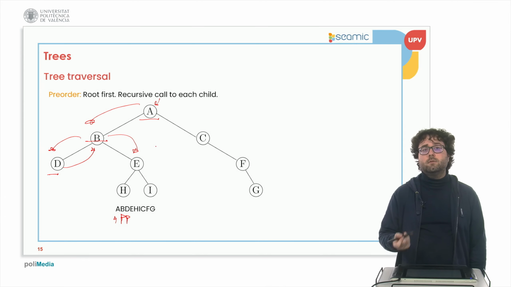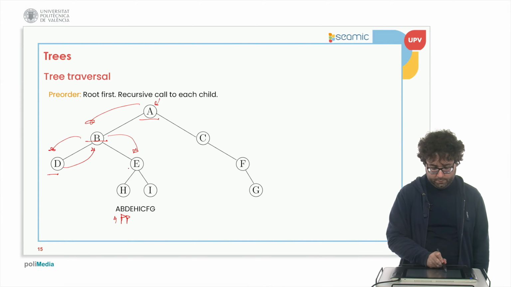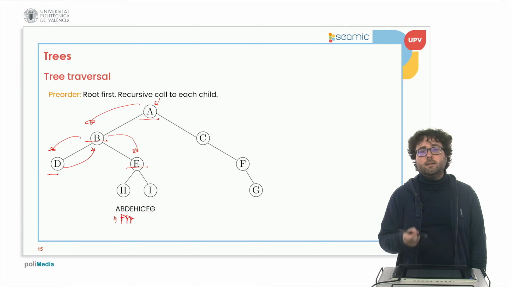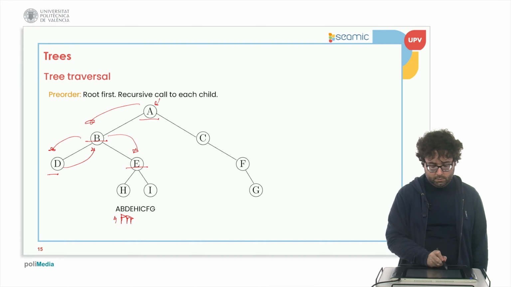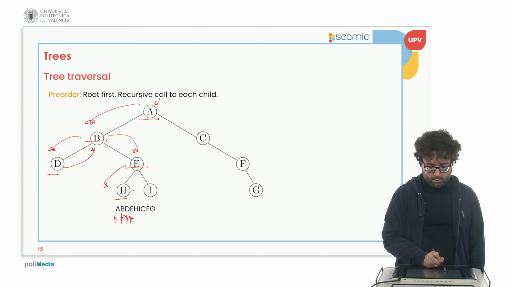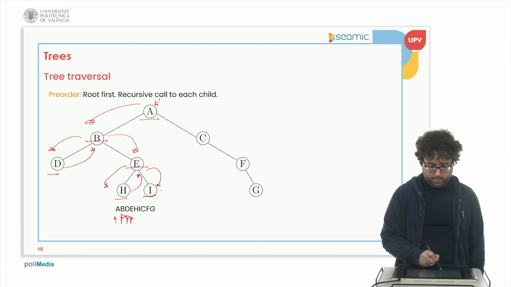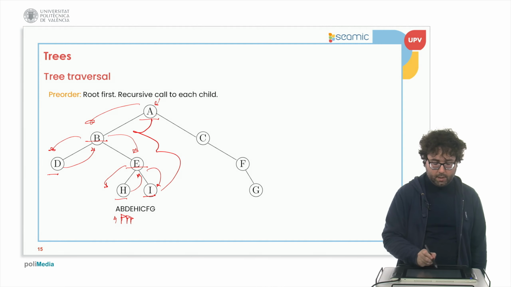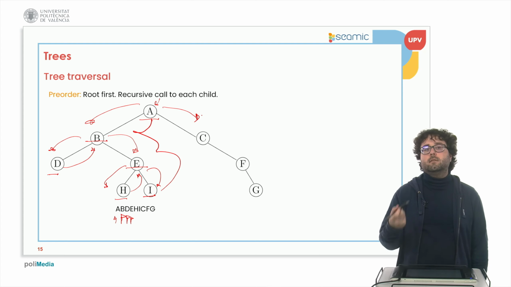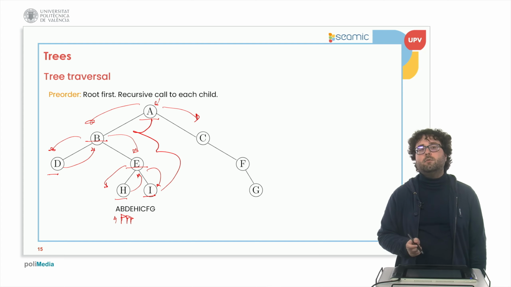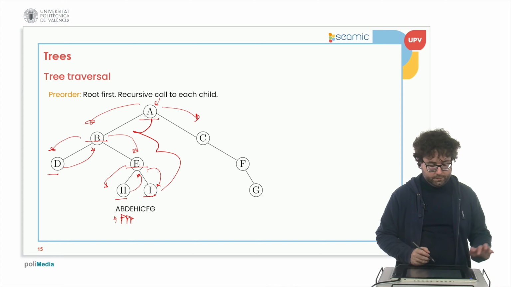In this case, that's E. We visit E and again start the recursion, visit H, go back up, back down E, and go back, back, back, and we will move to the next part, and so on and so forth until we have visited every node.